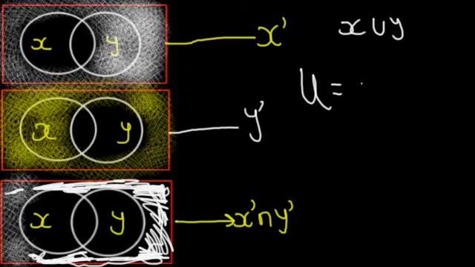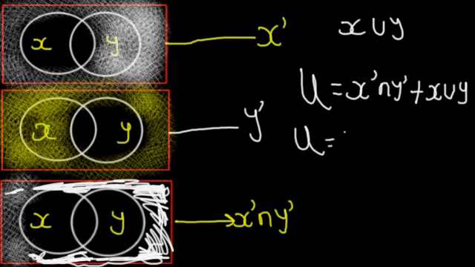As you can see, we focus on a two-set problem. So we have x complement intersection y complement plus x union y. Therefore, U equals x prime intersection y prime plus x union y.